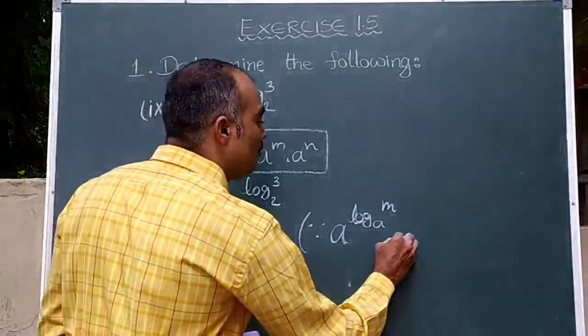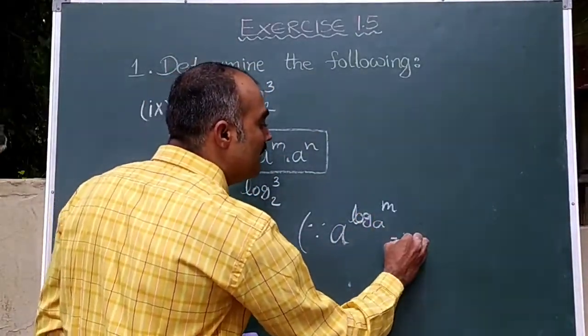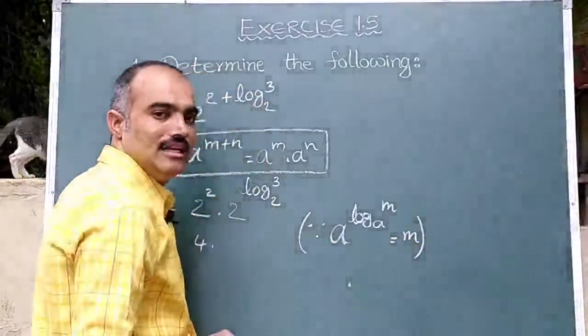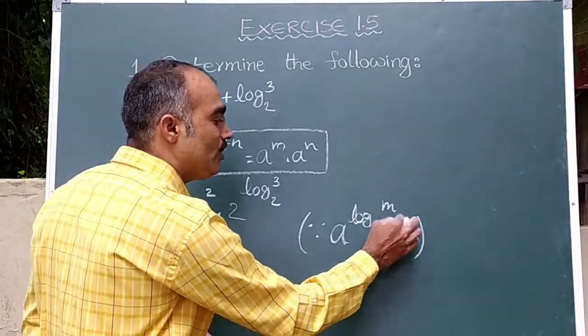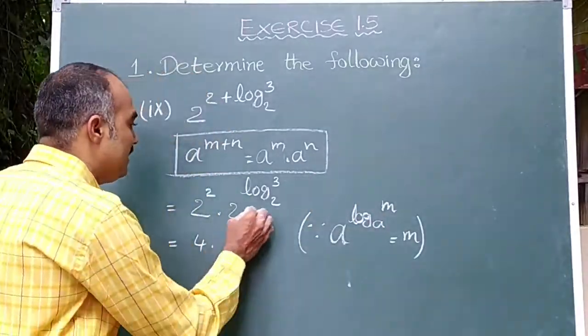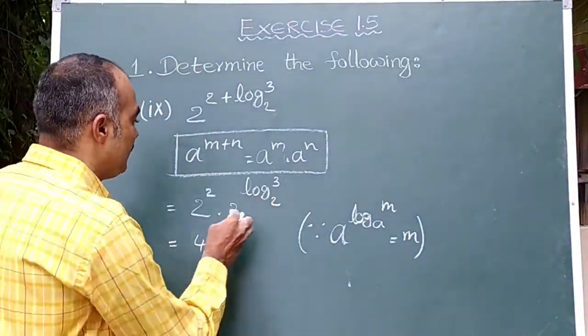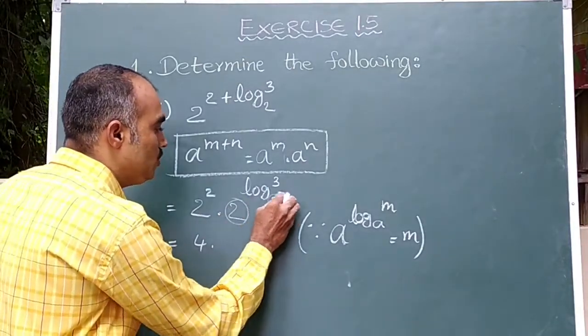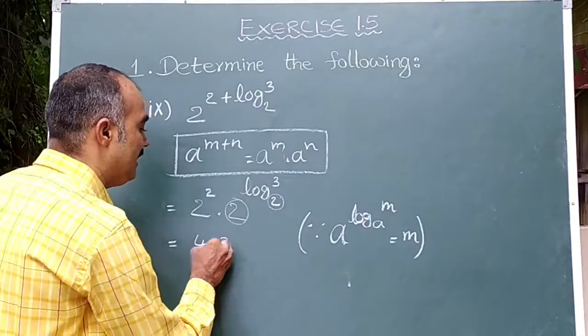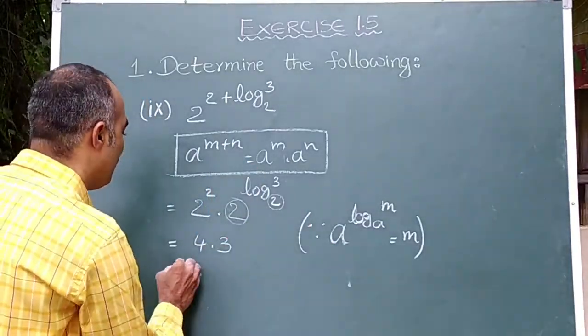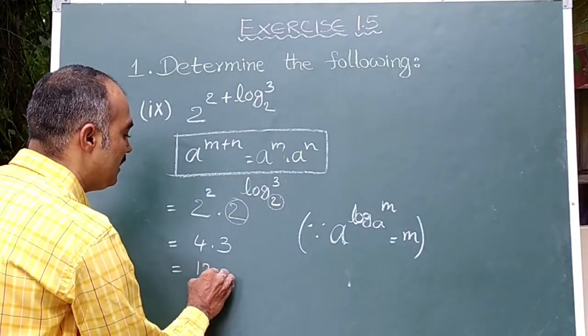Then what happens, you know, this m will be the final answer. That means here a power log m base a is always m. So here if you observe, this 2 and this 2 both are equal, we can remove the logarithm and we can write 3 directly. So here based on this formula, answer 4 3s are 12.